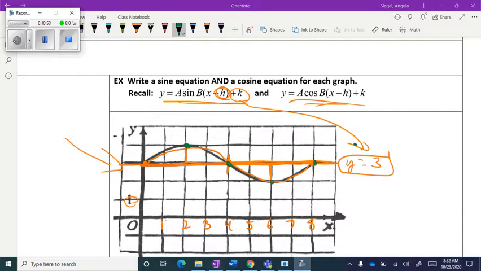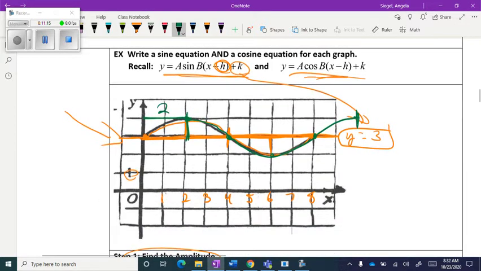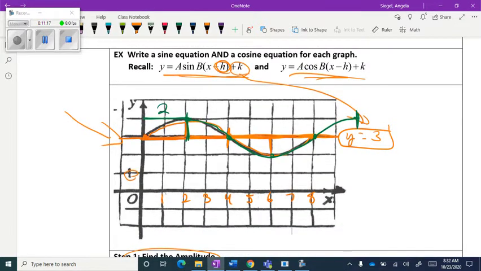I just want to point out that the cosine curve is going to go off the graph, but it's going to do that. And notice that it would go from 2 to 10. That's why our period is not affected at all. The only thing that is affected is that it's shifted to the right 2. So that h is 2, so I'm going to say x minus 2 down here.